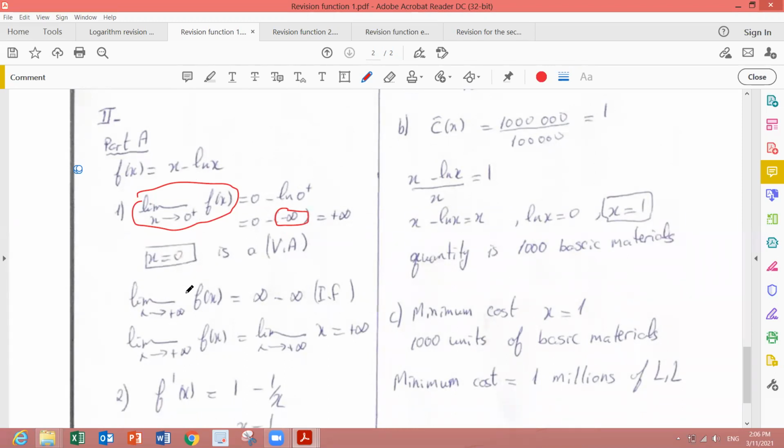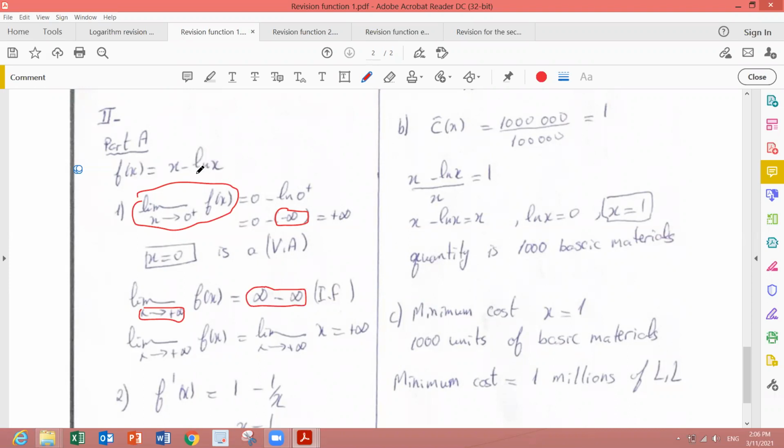Limit as x tends to plus infinity of f(x): ln infinity is infinity, so we get infinity minus infinity, which is an indeterminate form.